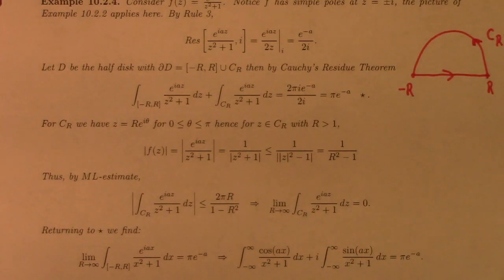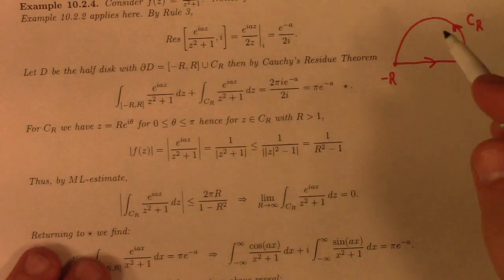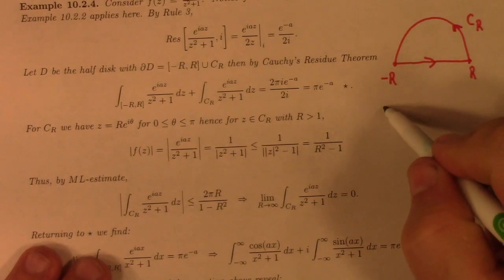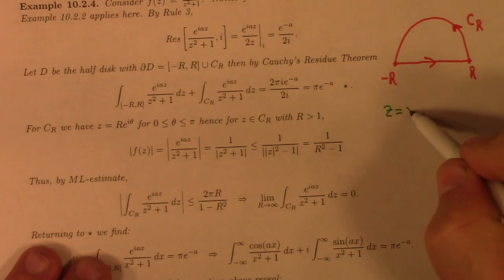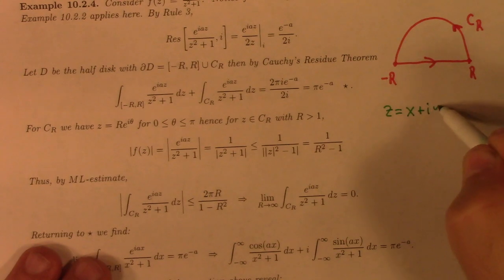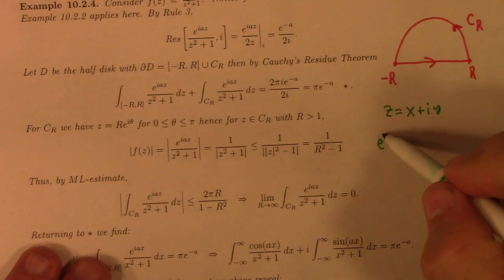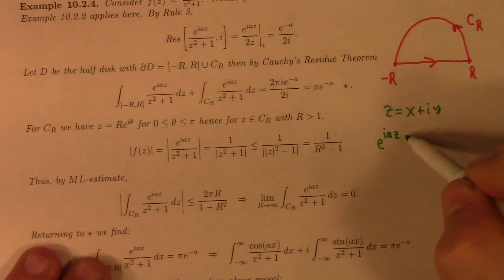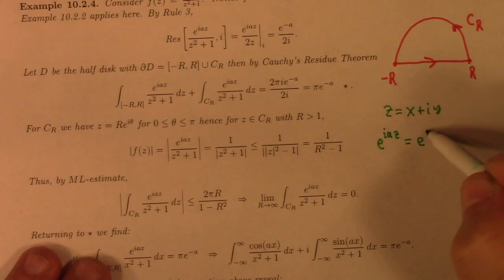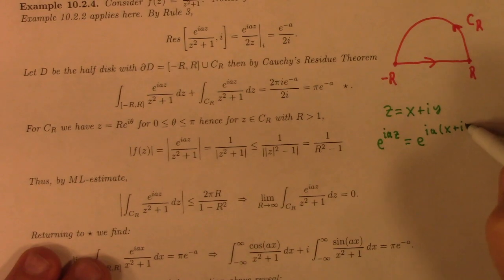I am concerned. See, because z equals x plus iy, right? And let's assume a is real for the sake of me not going nuts. e to the iaz would be e to the i times a times x plus iy.